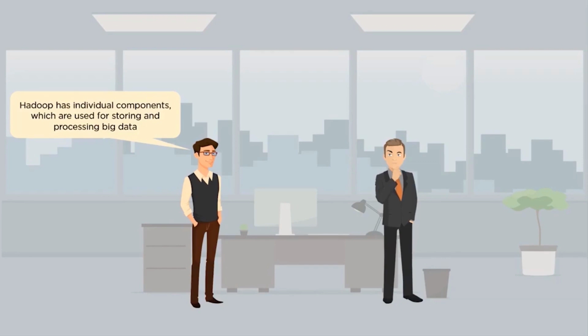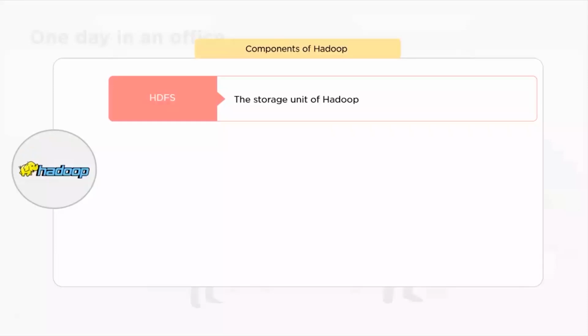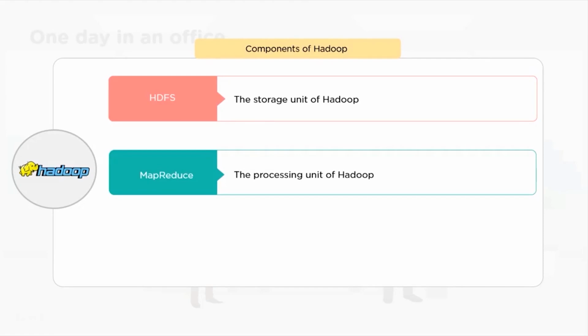Now, how does Hadoop help in this requirement? When we talk about components of Hadoop, we have a storage layer, that is HDFS. You can compare this with your own laptop or PC. Every laptop or PC has two layers. It has a storage layer, that is your disk or your external hard disk attached to your machine, and it also has the processing layer, which is your RAM and CPU cores.